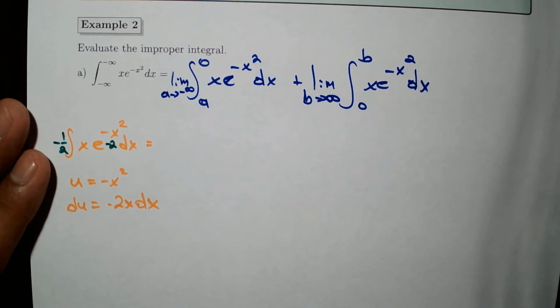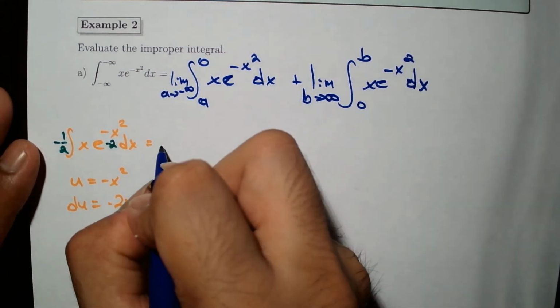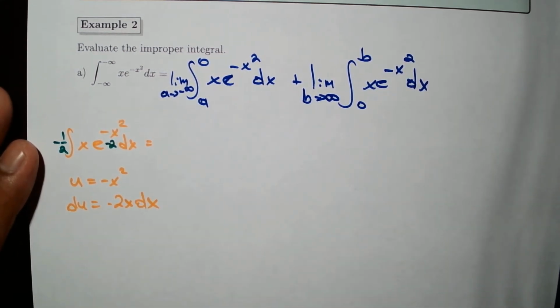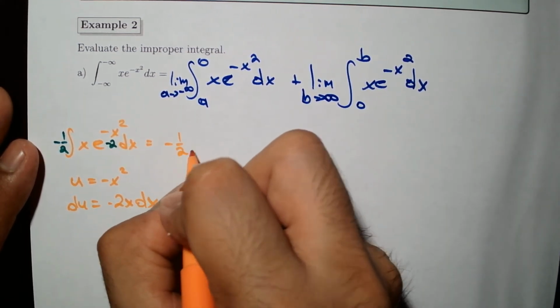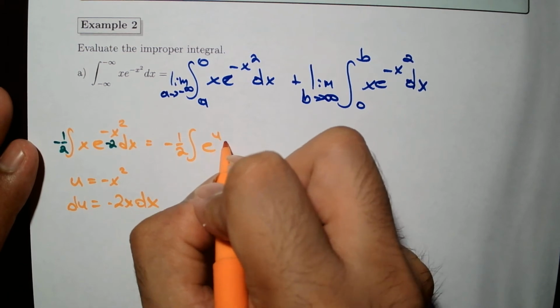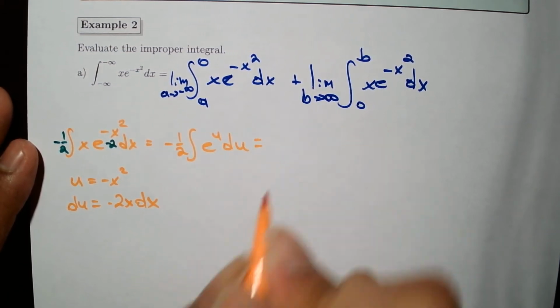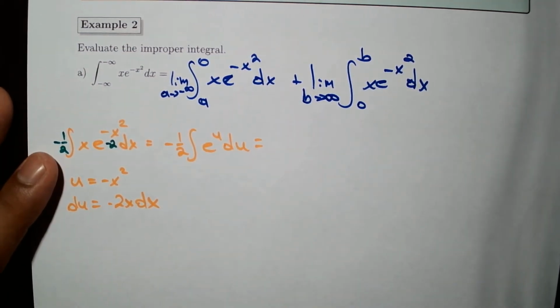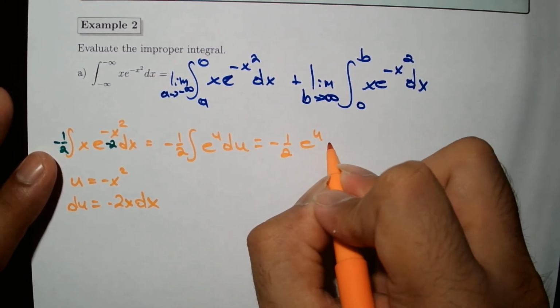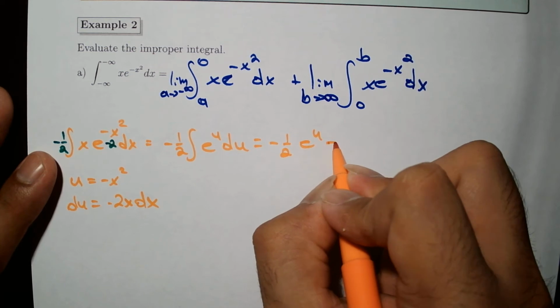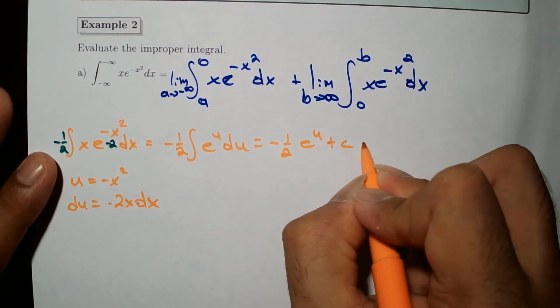That way we will get the u du completely. So this will be negative 1/2 times the integral of e to the u du, whose final answer will be negative 1/2 e to the u, and back substituting, plus c.